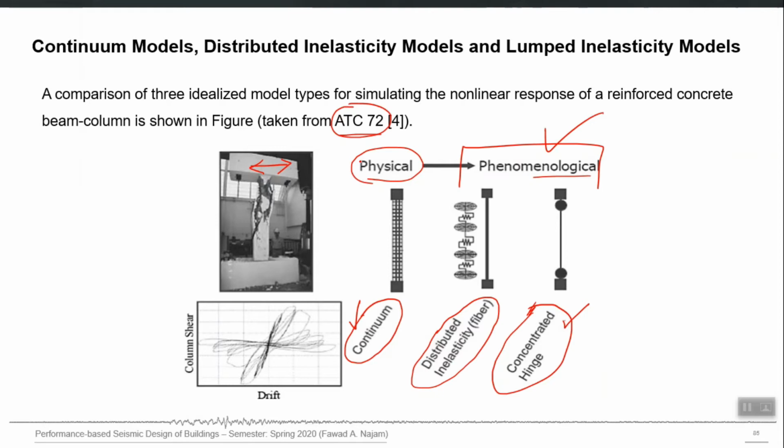The first one is only suitable for detailed evaluation of only one particular or few particular elements, right? For full structure, you should either go for concentrated hinge approach or distributed plasticity approach, right? Sometimes it is called concentrated plasticity and distributed plasticity, right?